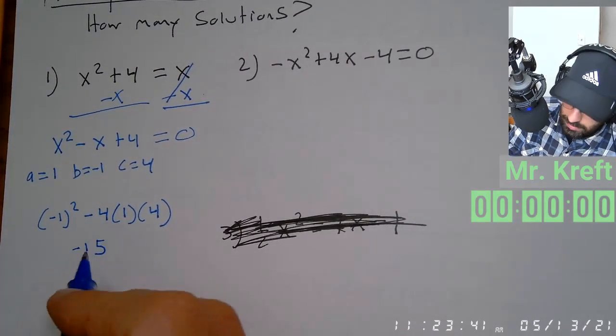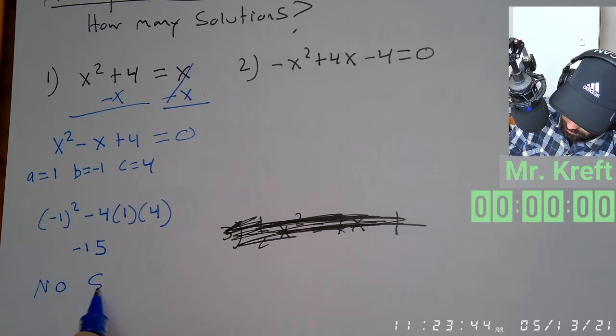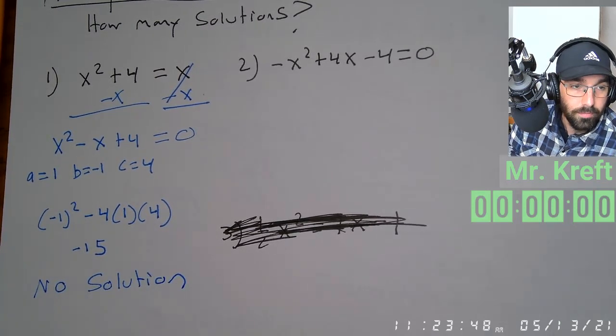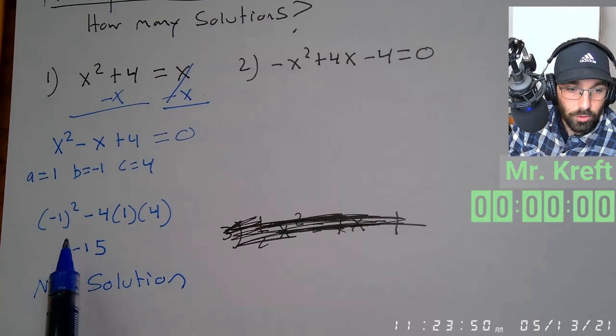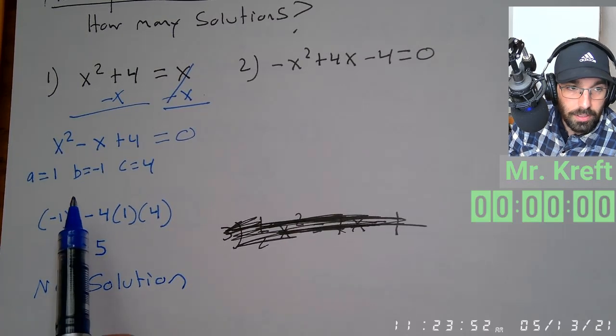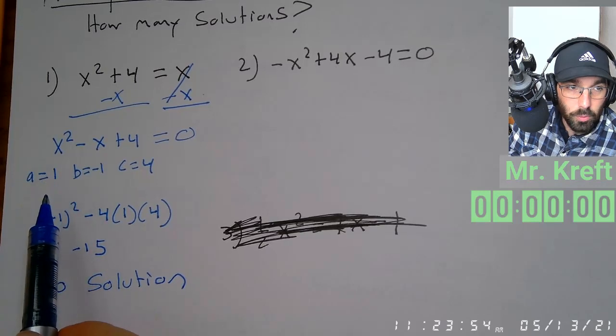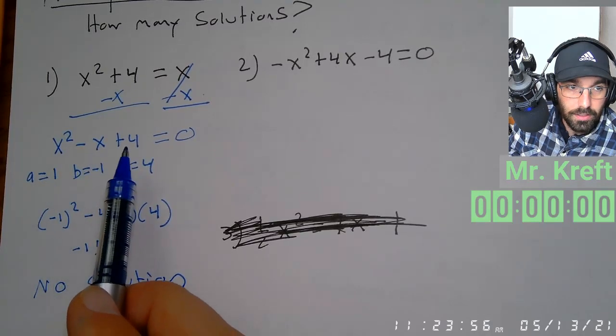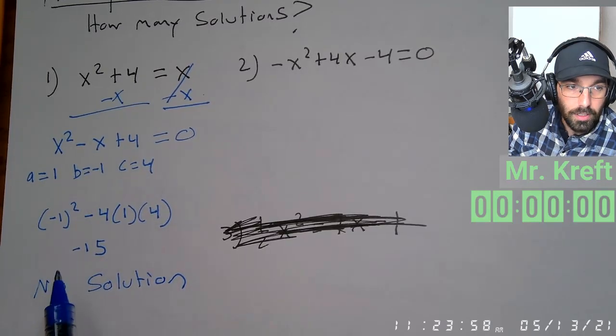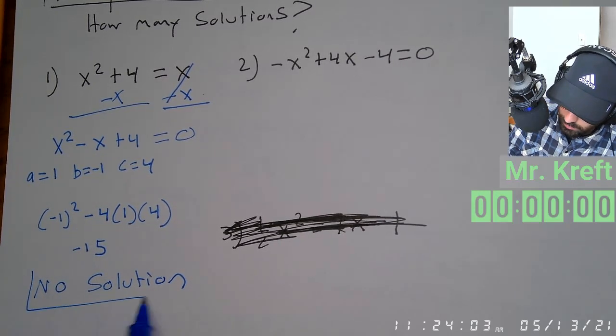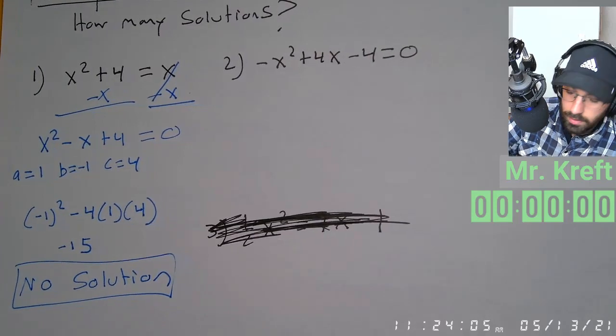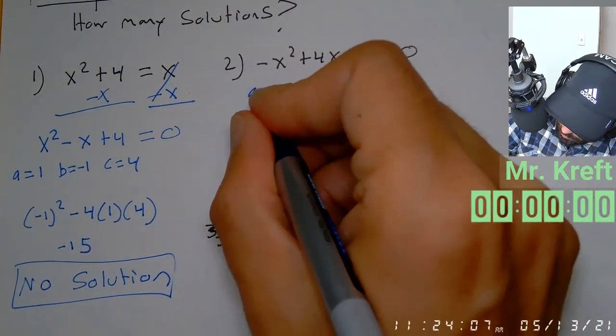If I get -15, I get no solution. So a equals 1, b equals -1, c equals +4, b squared minus 4ac, I get -15. That is no solution.